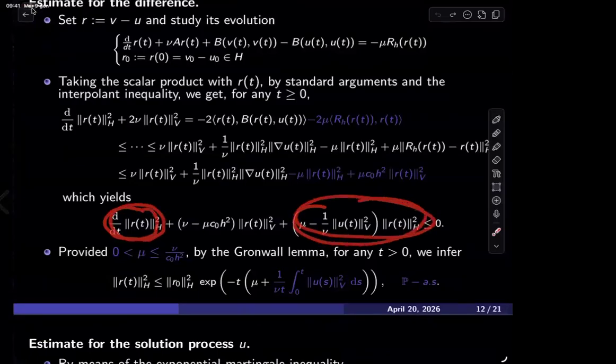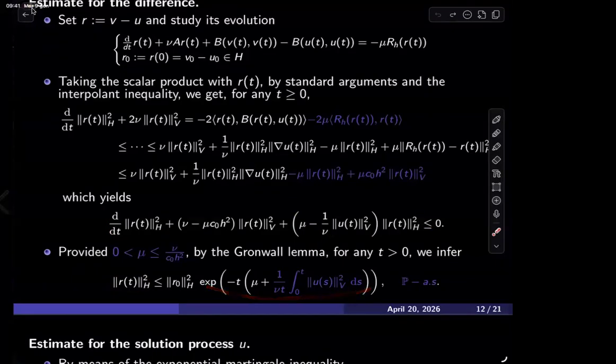By the Gronwall lemma, you are able to estimate the squared L2 norm of the difference of U and V in terms of this exponential here.